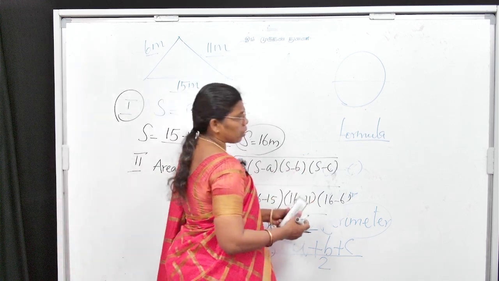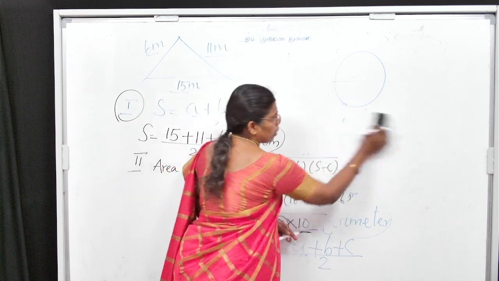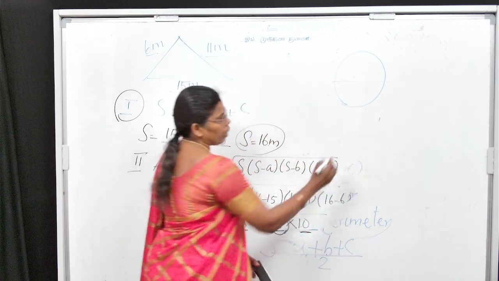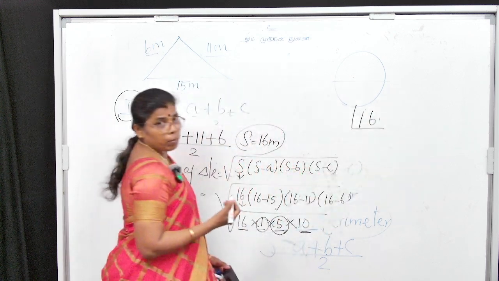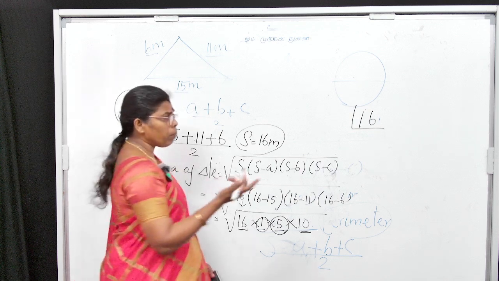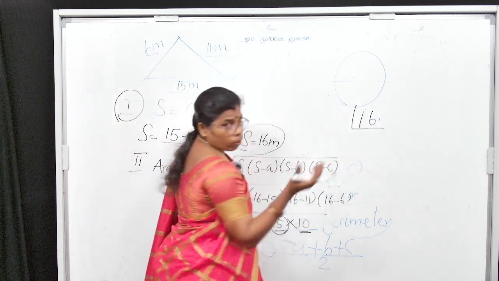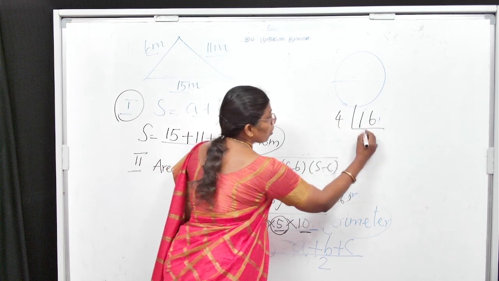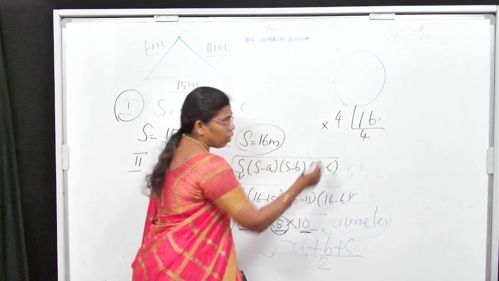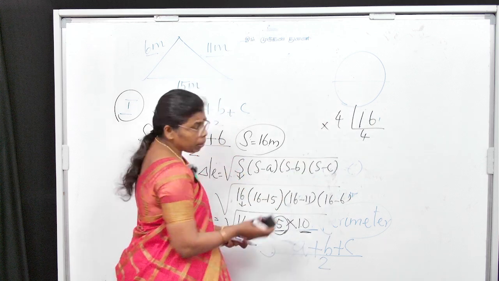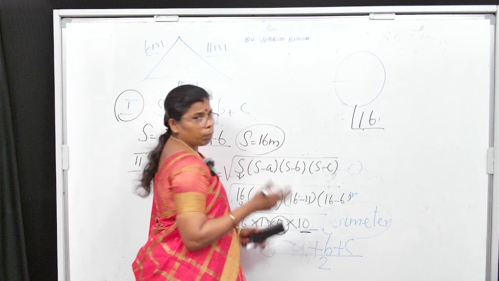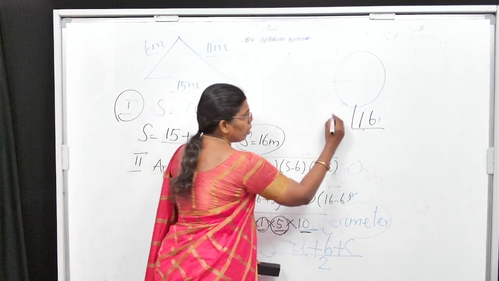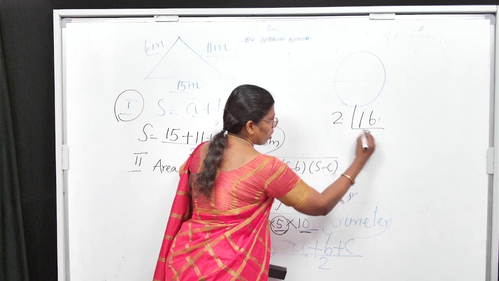This prime factorization you would have learned earlier in 3rd standard or 4th standard, but let us recall. So 16, I am going to do the prime factorization. That means I should divide only by prime numbers. Even though 16 is divisible by 4, 4 4s are 16, I should not take it because 4 is not a prime number. It should be divided only by prime numbers. So let me take 2, it's an even number. 2 8s are 16.